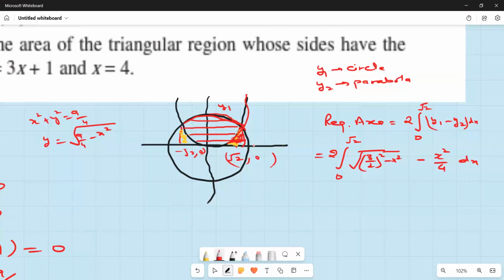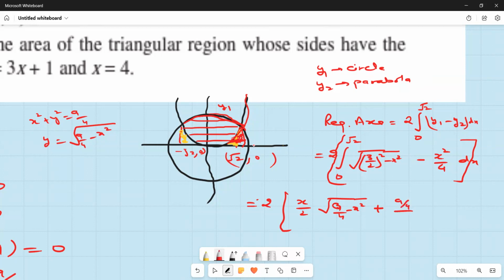So if I do this, this is total, twice of this total, right? So that is twice of, if I integrate this, that is the integral of root of a square minus x square. So that is x by 2 into root of a square minus x square plus a square by 2 sine inverse x by a, right?